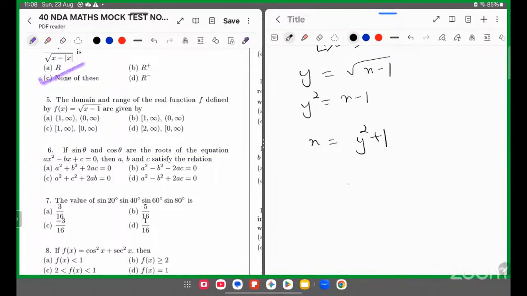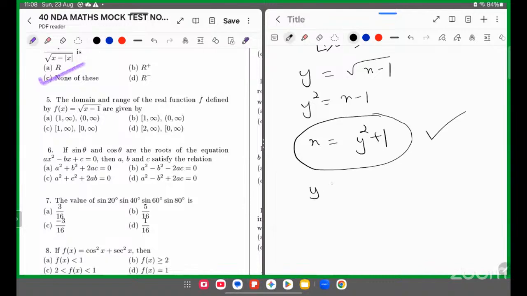So you can put any value of y, and there is no problem for x. But we know that the square root of a real number is always 0 or positive only.